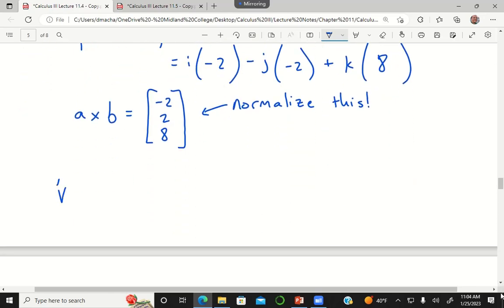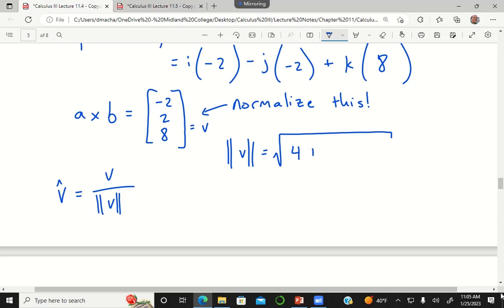So my unit vector, let's call it V, is going to be whatever this vector is divided by its own norm currently. And so if I want to take the norm of this vector, this is going to be the square root of -2 squared plus 2 squared plus 8 squared.